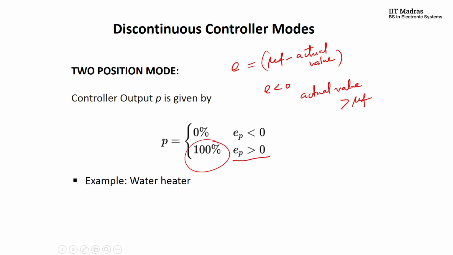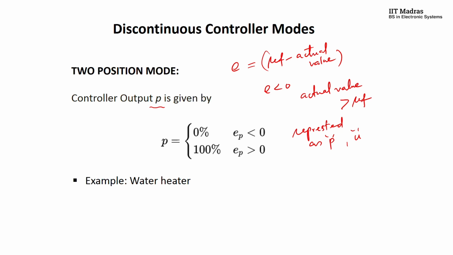So this is the way you operate the controller, wherein you have just two positions for the control output, represented as P. In some textbooks, the controller output is given as U as well, but in the textbook we are referring to, it is represented by P. So if the error is less than 0, the control output is 0%. If the error is greater than 0, it is 100%.